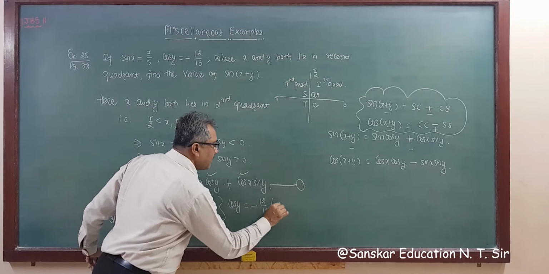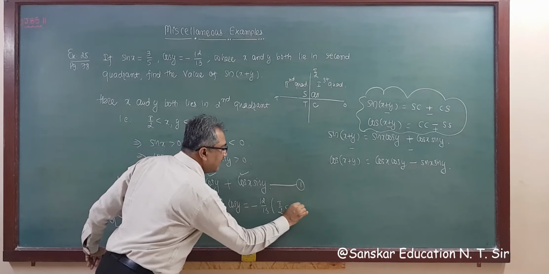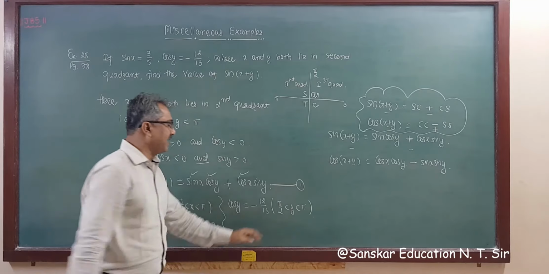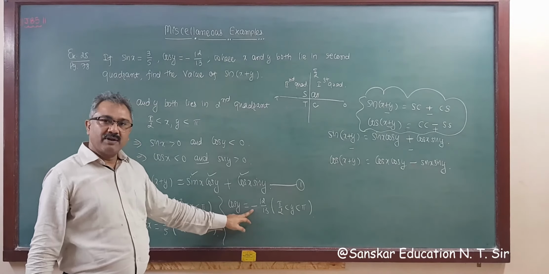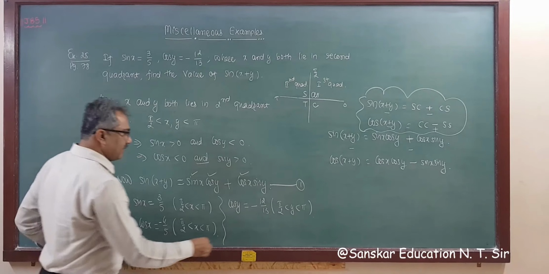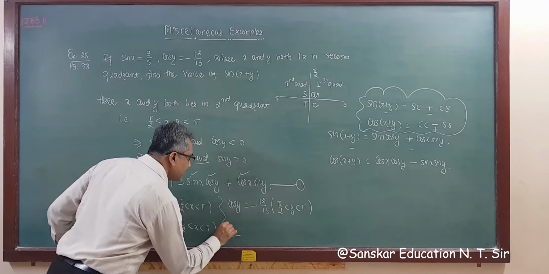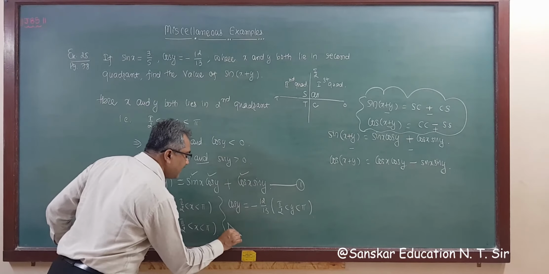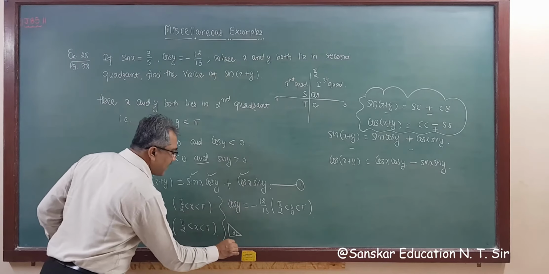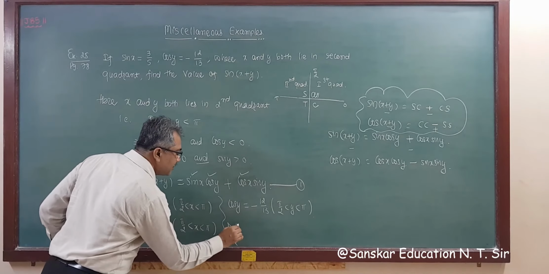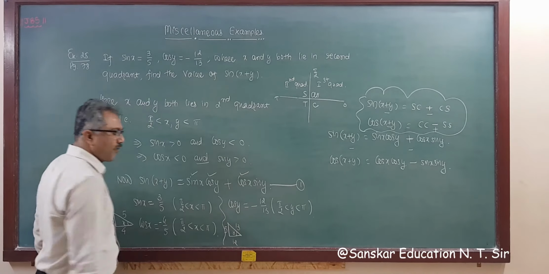So pi by 2 less than y, less than pi. Due to this second quadrant, cos is negative. Now draw a right angle triangle. So the right angle triangle is this one. This is your y. Cos means 12, 13, so this is 5.